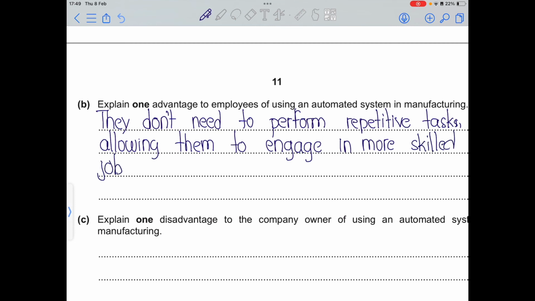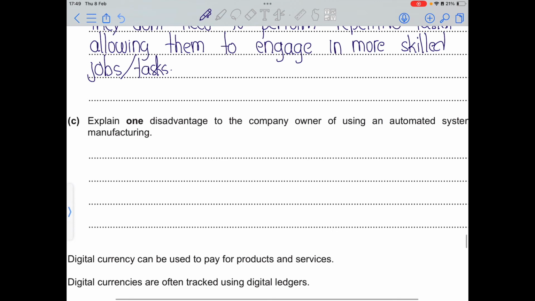Now, what is the disadvantage to the company's owner of using an automated system? Like, what's the disadvantage for the company's owner if they want to put in an automated system?